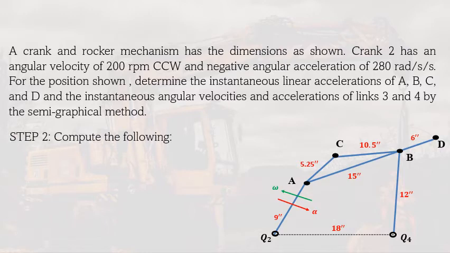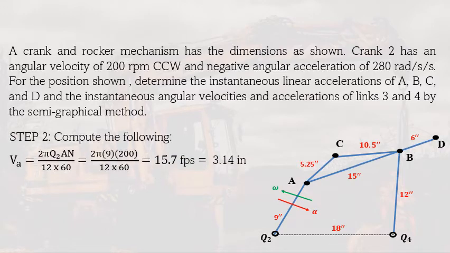Step 2 is to compute the values that we can already get. From the given, we are already given the revolutions per minute of this link here, which is represented by Q2A. Therefore, we can get the velocity of A because we know its angular velocity. If we know the angular velocity of the point and its distance from the axis of rotation, then we can also get its absolute linear velocity.